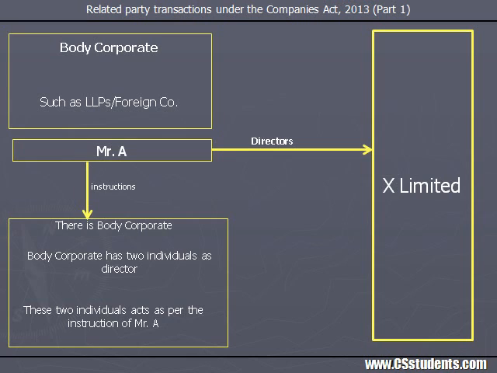The mere fact that the board of directors, or managing director, or manager of such body corporate are accustomed to act in accordance with the advice, directions or instructions of the director or manager of X Limited, means such body corporate would become a related party to X Limited. However, advice, directions or instructions given in a professional capacity shall be excluded for this purpose.